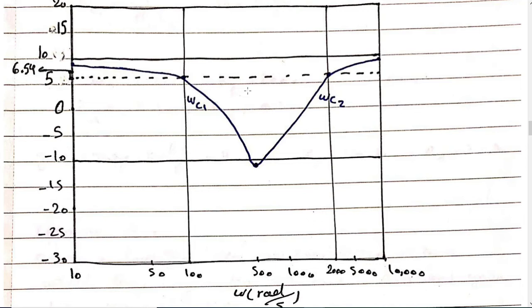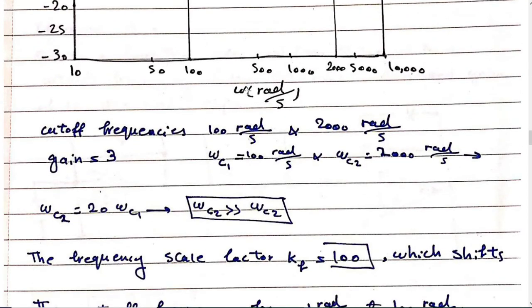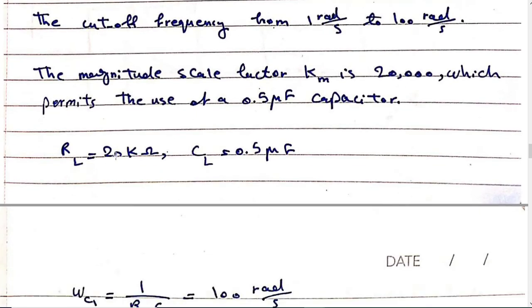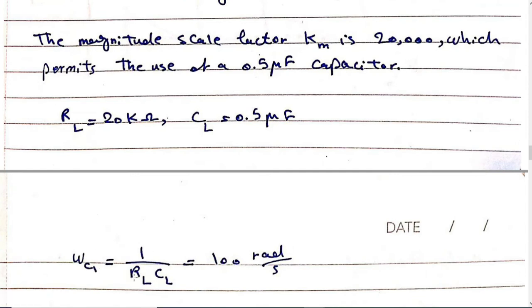Okay, what's the value for RL? 20K ohm. And how about RH? One kilo ohm. Okay. RL is 20 kilo ohms. Why? Because omega C1 is 1 over RL CL, and the value for omega C1 is 100 radians per second, and we have the value for CL.